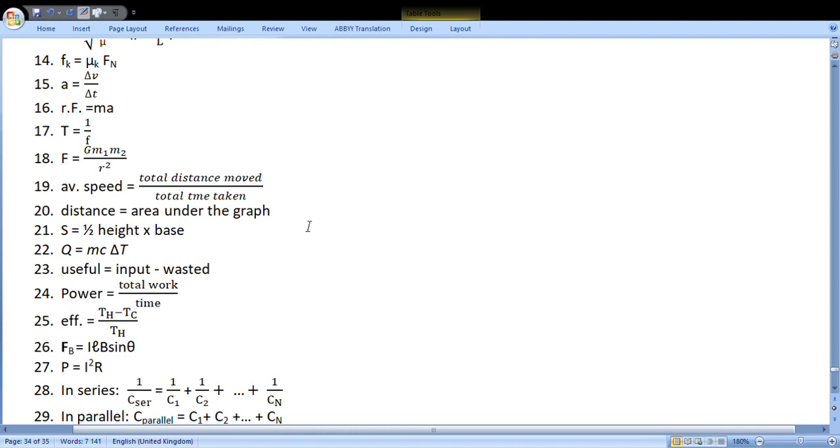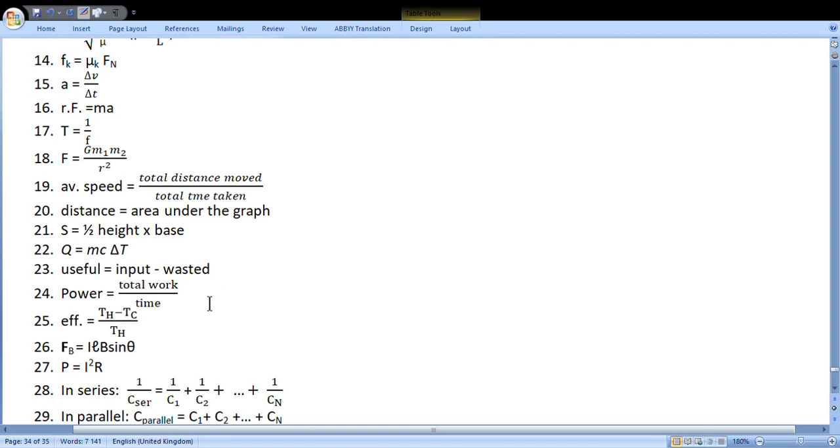force, finding distance from area under the graph, formula for area of a triangle, formula for heat when temperature changes, useful work done in heat engines.